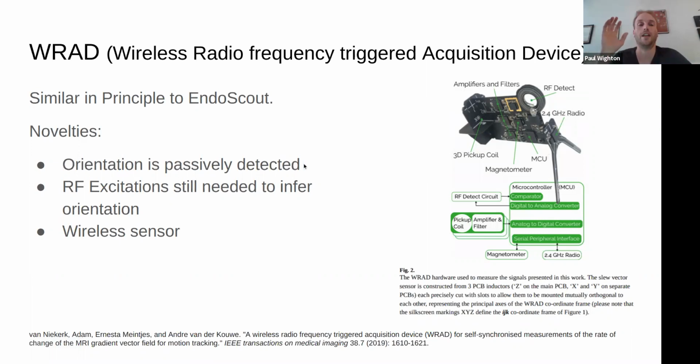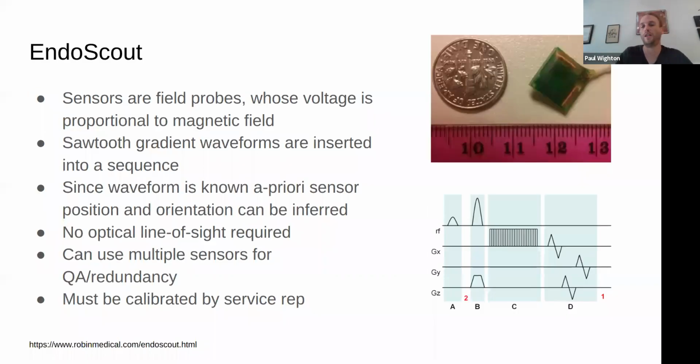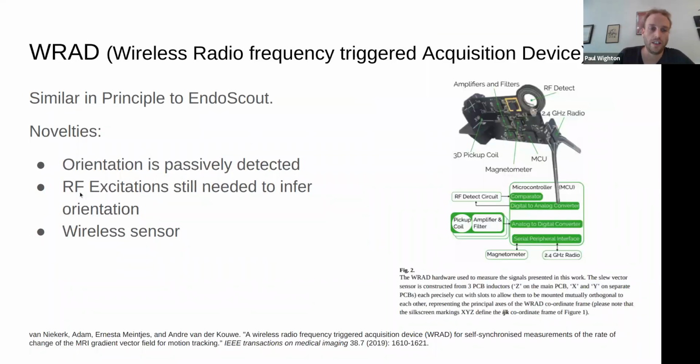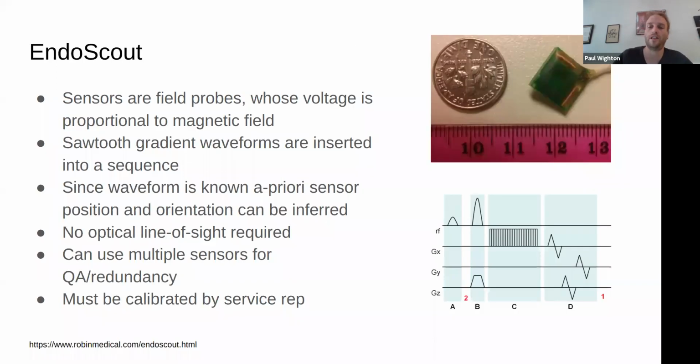He manages to detect the orientation of the sensor completely passively. Whereas before we had to insert a gradient waveform to kind of wake up the sensor and activate it. Here, that's still needed. Oh, and I should just say, broadly speaking, a lot of these sensors can be activated. Here, it's activated by a gradient excitation. It could also be activated by an RF excitation.